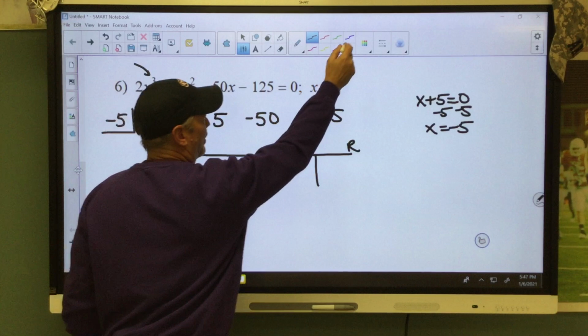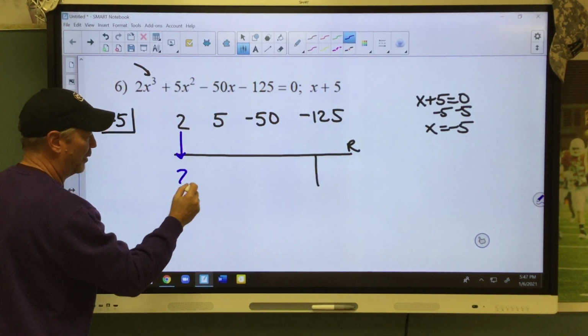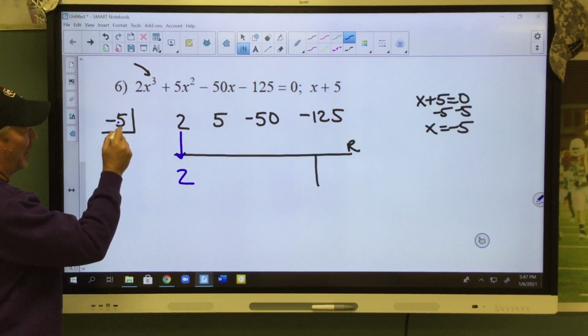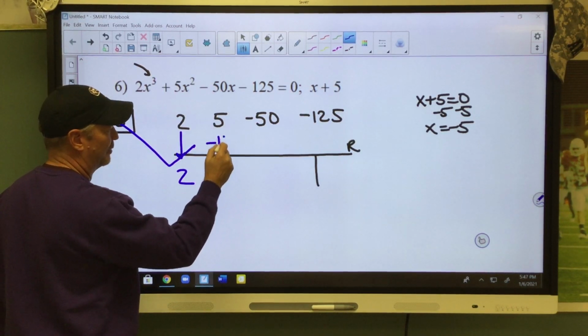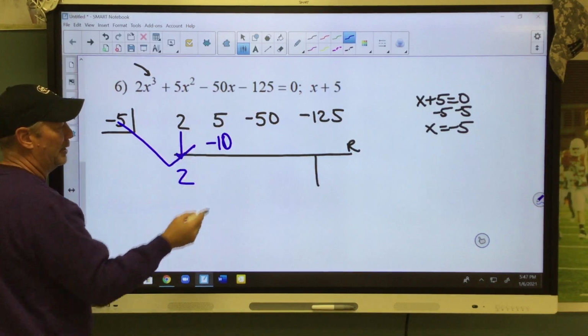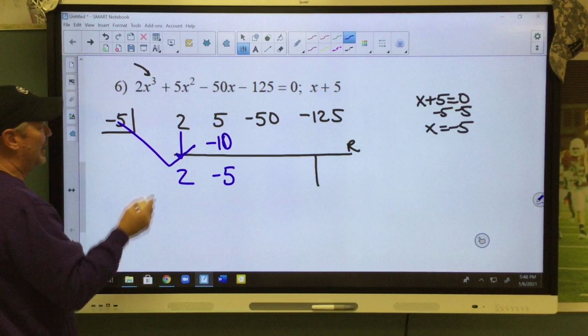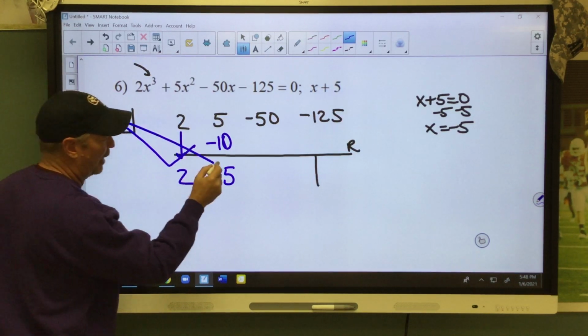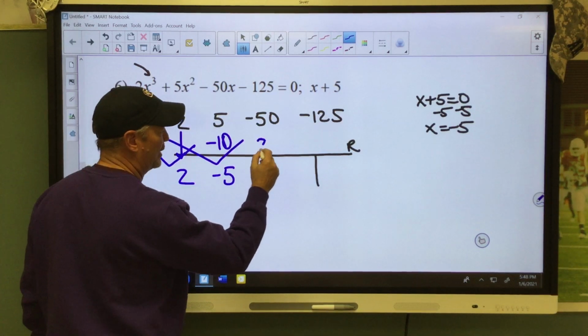Next step, we're going to bring down the 2. Negative 5 times 2 is a negative 10. When you combine these, you get a negative 5. Negative 5 times negative 5, that's going to give me a positive 25.